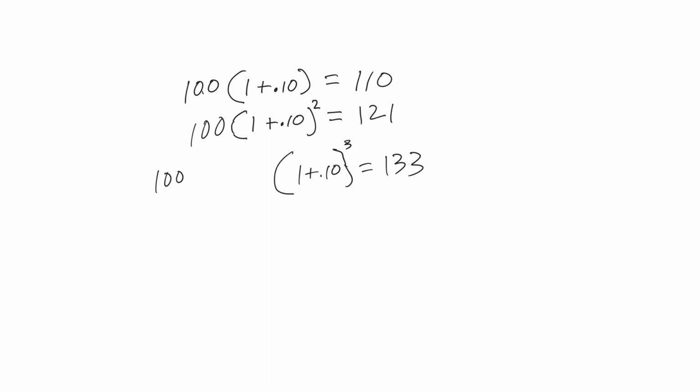And let's move the 100 over a little bit. Okay, there we go. Okay, so if we want to invest $100 for 3 years, it's 100 times 1 plus 0.10 to the third equals 133.